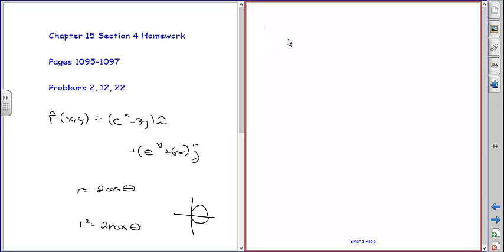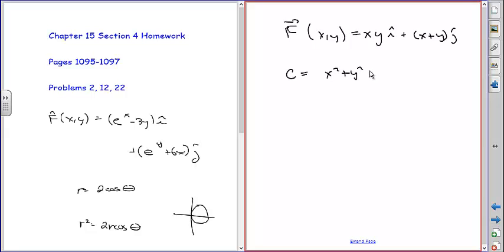The way the problem works is you have some force vector field which is not conservative, because if it was conservative, the integral would be 0. So this is the force field vector, and the curve is x squared plus y squared equals 4.